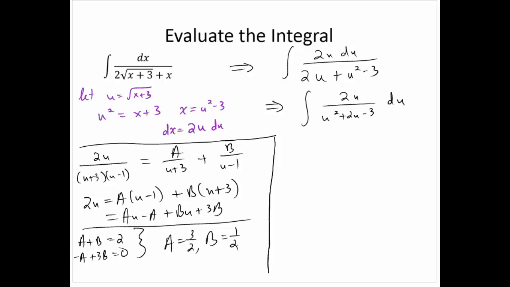So then my integral becomes, wait a second, I made a substitution. Oh, I didn't. This wasn't definite. I was thinking this was a definite integral, and I didn't change the limits of integration. This is indefinite, so not a problem.